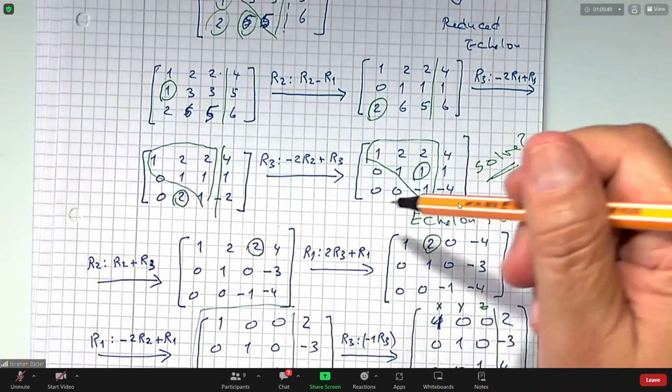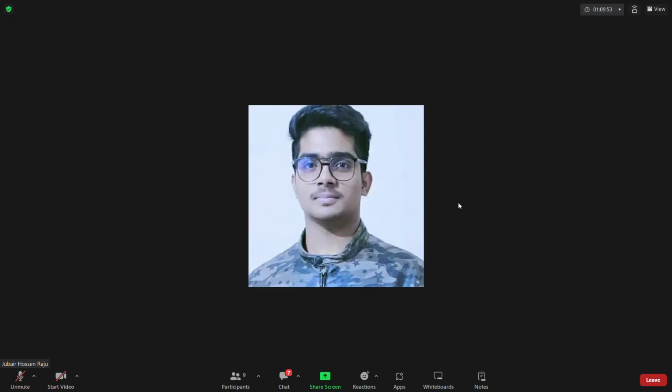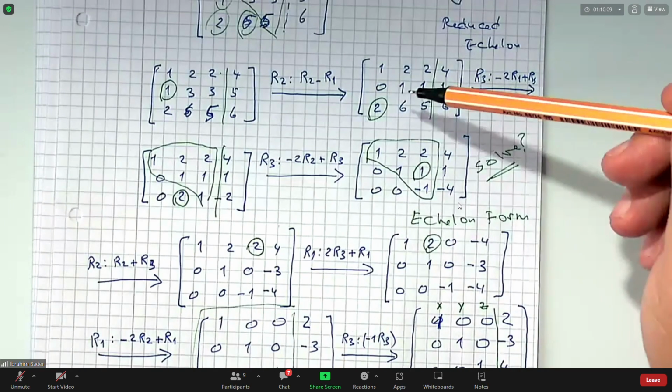Something wrong here, or we are? No, sir. Like in the second row, we just need to get the 0 instead of 1. So you just replace R2 minus R1, right? Yeah, which line are you referring to here?